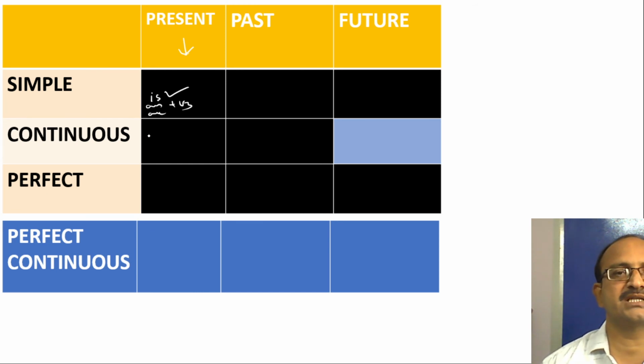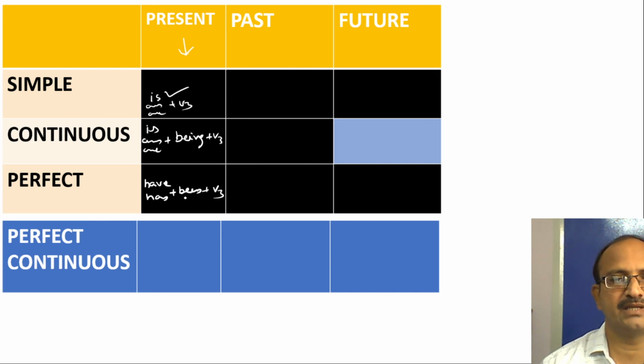In the continuous tense model, is, am, are plus being plus V3. In the perfect tense model, have or has plus been plus V3.